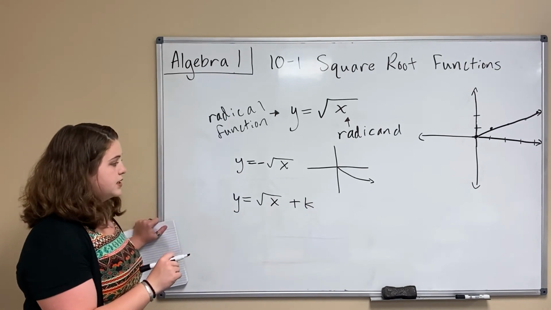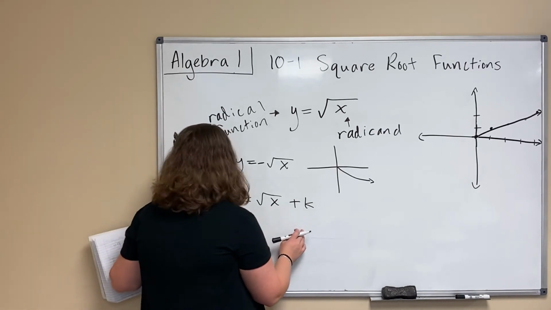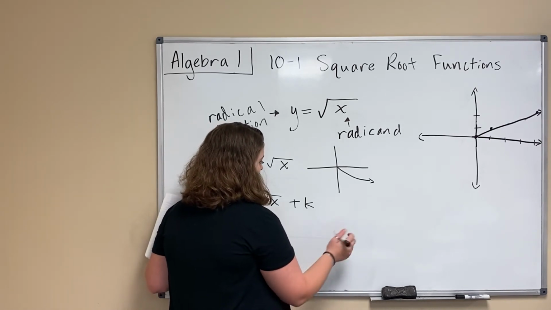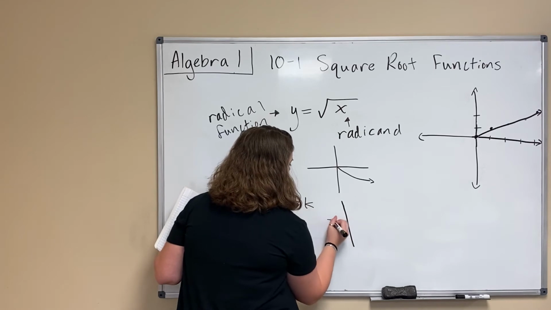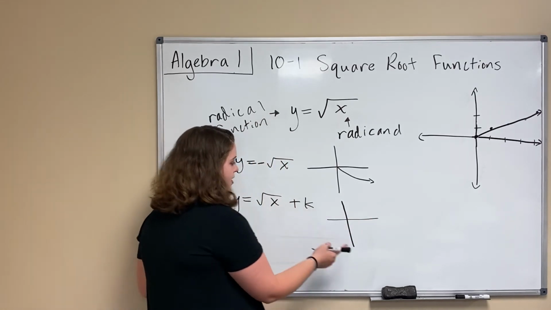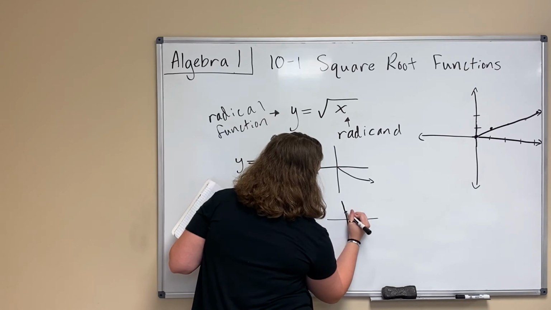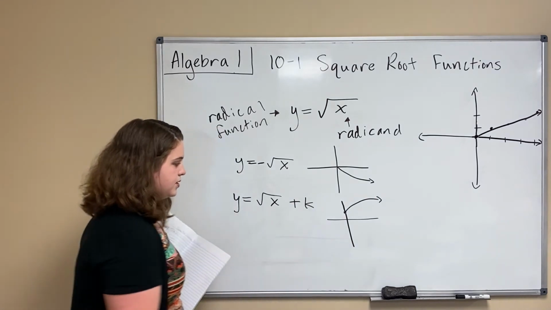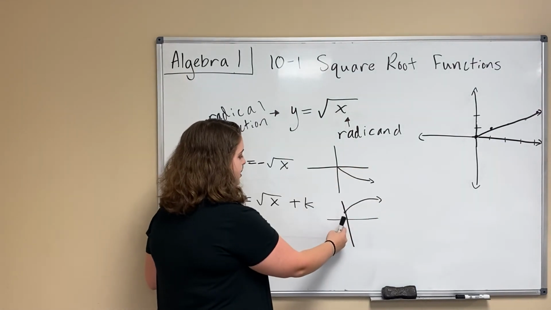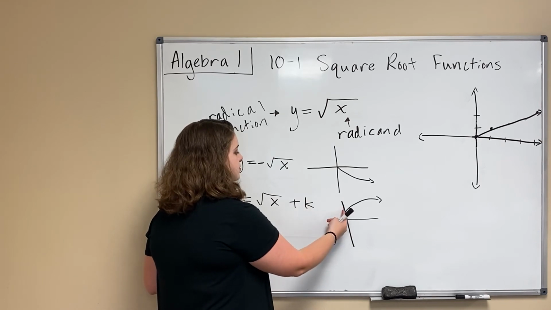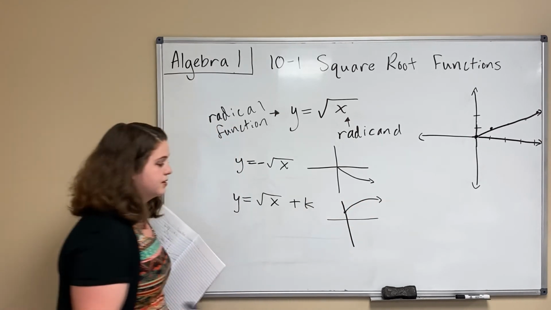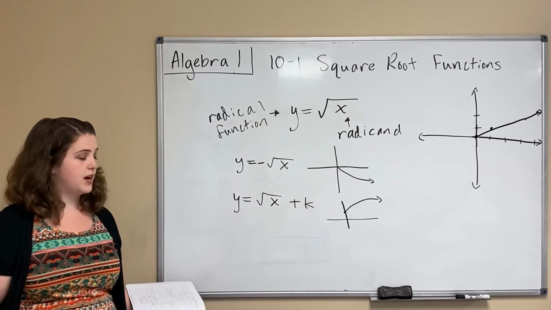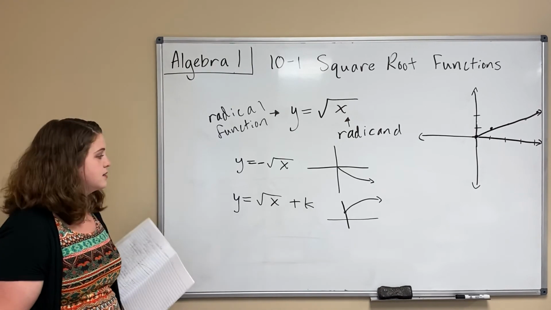What I'm doing there is telling you how many spaces to move up or down along the y-axis. So an equation that was square root of x plus k is going to look like this. You see how it doesn't start at 0, 0 like this one? Since I said plus k, it's moved up along the y-axis however many spaces k is. Whatever k's value is, that's how many we move up or down the y-axis.